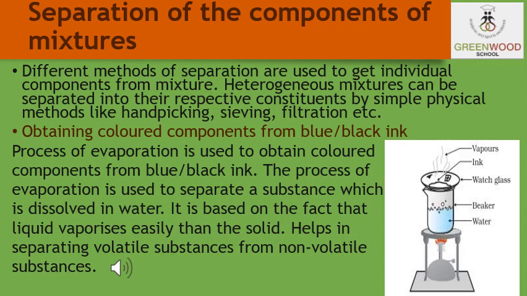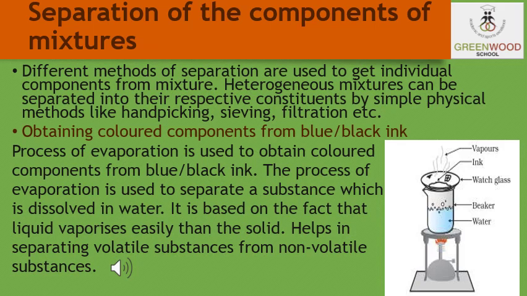Heterogeneous mixtures can be separated into their respective constituents by simple physical methods like hand picking, sieving, and filtration that we use in our day-to-day life. Sometimes special techniques have to be used for the separation of the components of a mixture, for example, obtaining the colored components from blue or black ink.